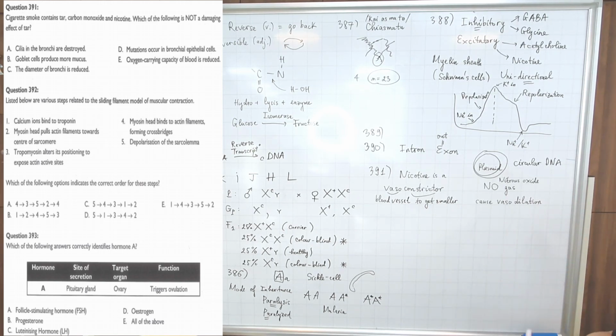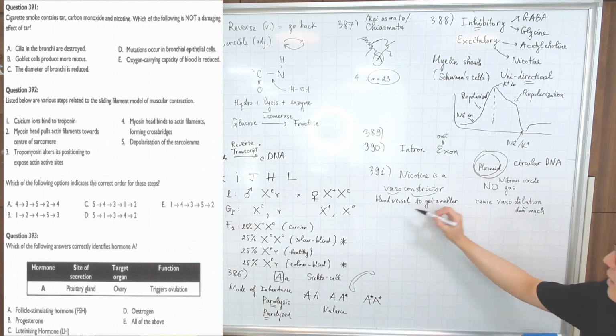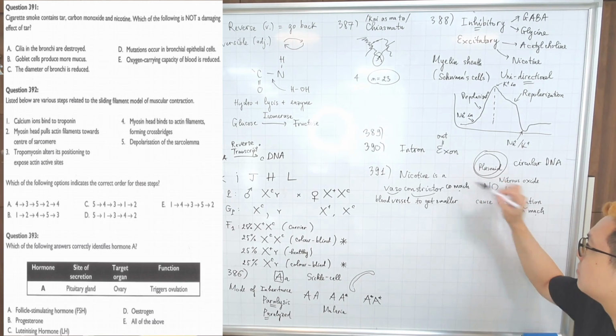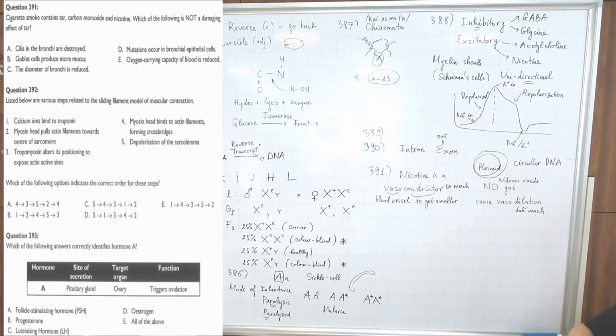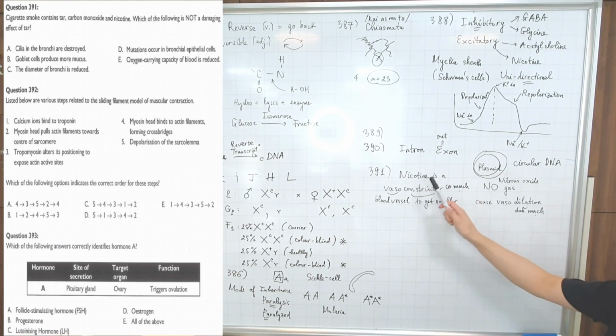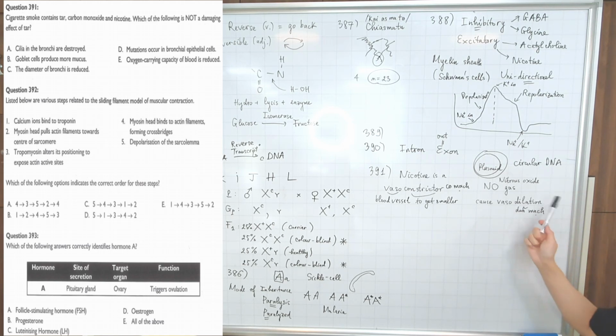Cái điều đối nghịch lại, nó làm cho cái mạch máu nó giãn ra, giãn mạch. Còn cái này là co mạch này. So vasodilation and vasoconstriction are the opposite of each other. But nicotine causes vasoconstriction, NO gas causes vasodilation. Okay, just remember that one later.